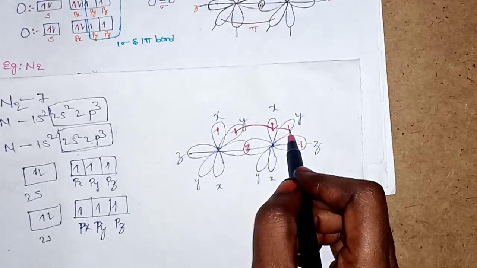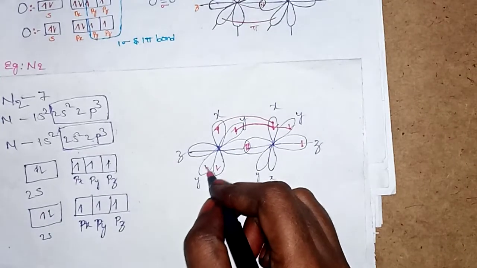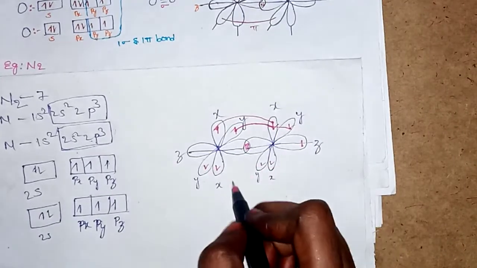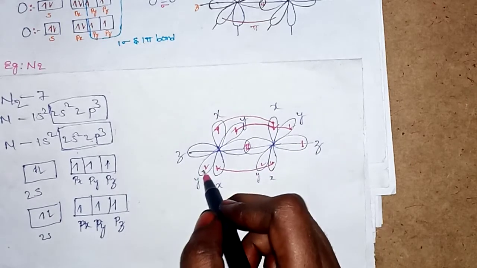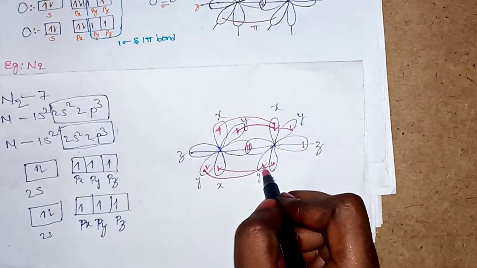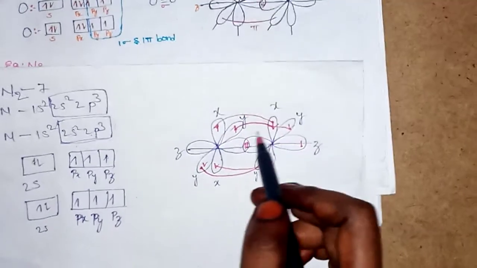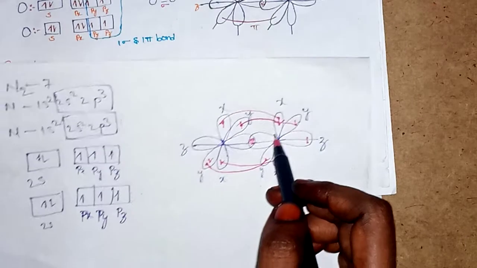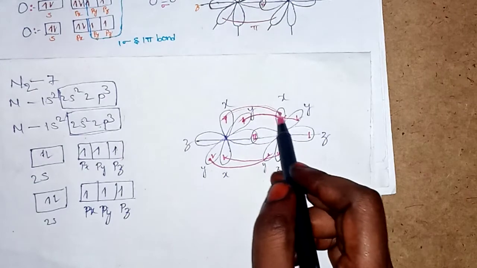So this is yy, this is xx, and here also 1 electron each. So the x-axis electron will share with the x electron, and the y electron also shares with the y electron. So this is a sidewise overlapping, that is, head to head overlapping now. See, this is one overlapping and this is another overlapping.